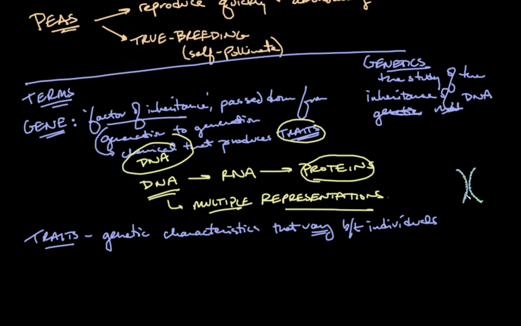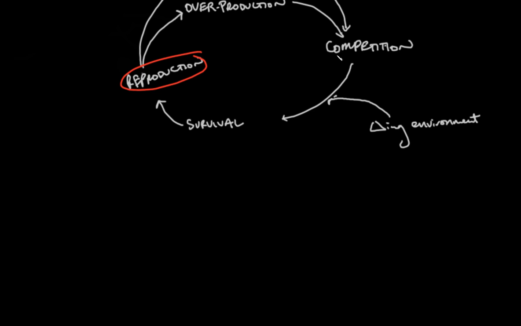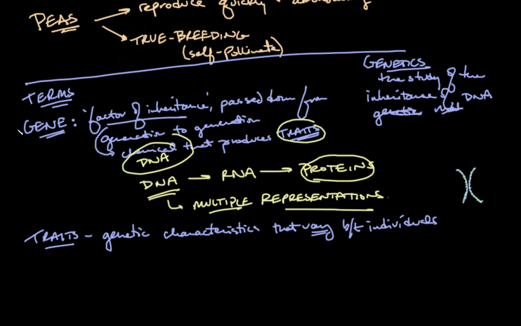But there might be a gene for something that's traveling with another one, and the other one is what has been selected for or chosen in nature by this changing environment and the competition that's leading to it. If there's another gene that happens to be traveling with it, basically it's traveling in the same car, then it's going to continue to appear as we move forward in time.